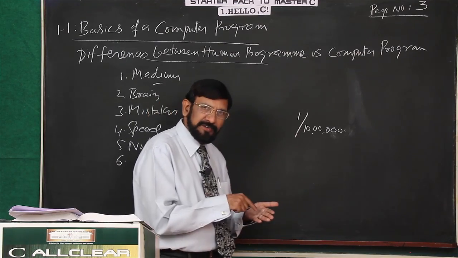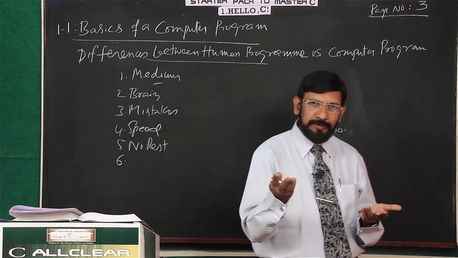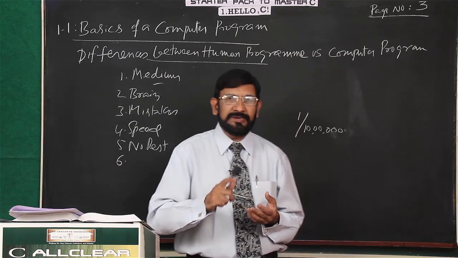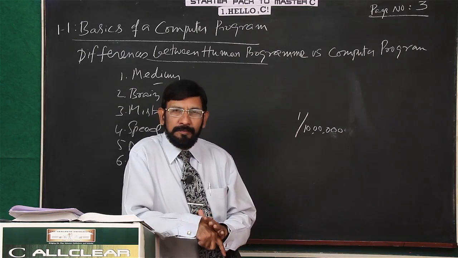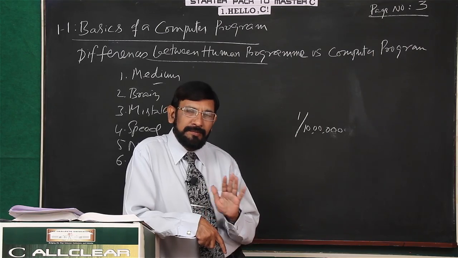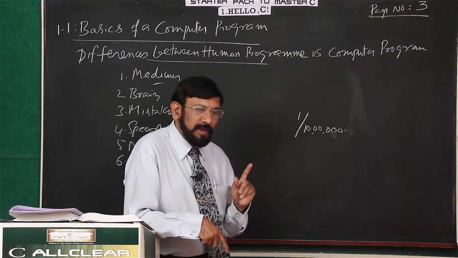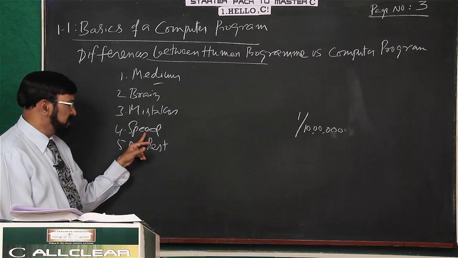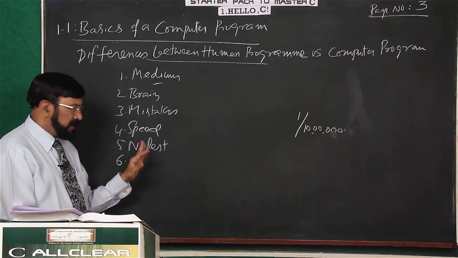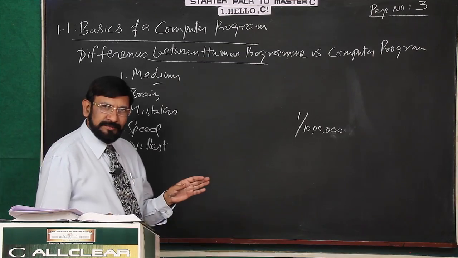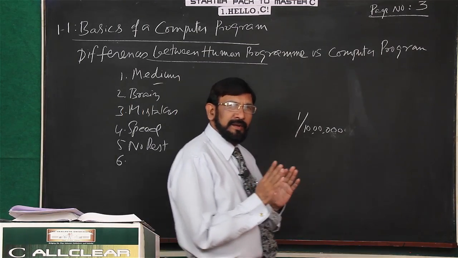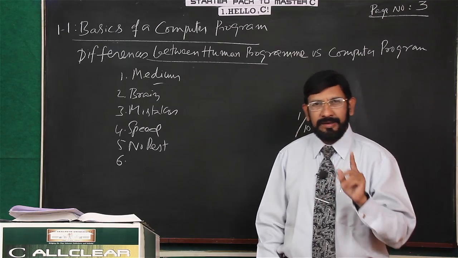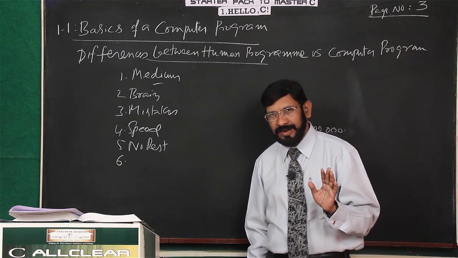If your instruction is wrong, already I told you, the computer may give a wrong result. But if your instruction is 100% correct, the computer never commits a mistake. So its speed is millions of times faster than a human being. It does not require any rest, and it does not commit any mistakes, provided your instructions are 100% correct.